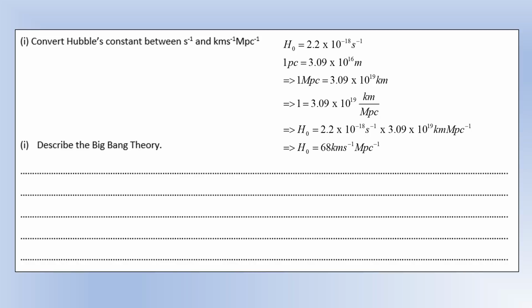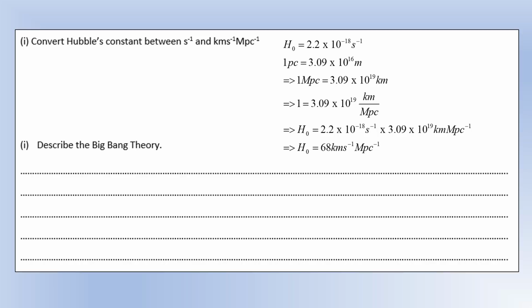So we times by 10 to the 6 to turn it into megaparsecs, divide by 10 to the 3 to turn it into kilometers. So I'm going to rearrange that expression to just leave 1, because if we multiply any equation by 1, it doesn't fundamentally change the equation. So that's what I've done.